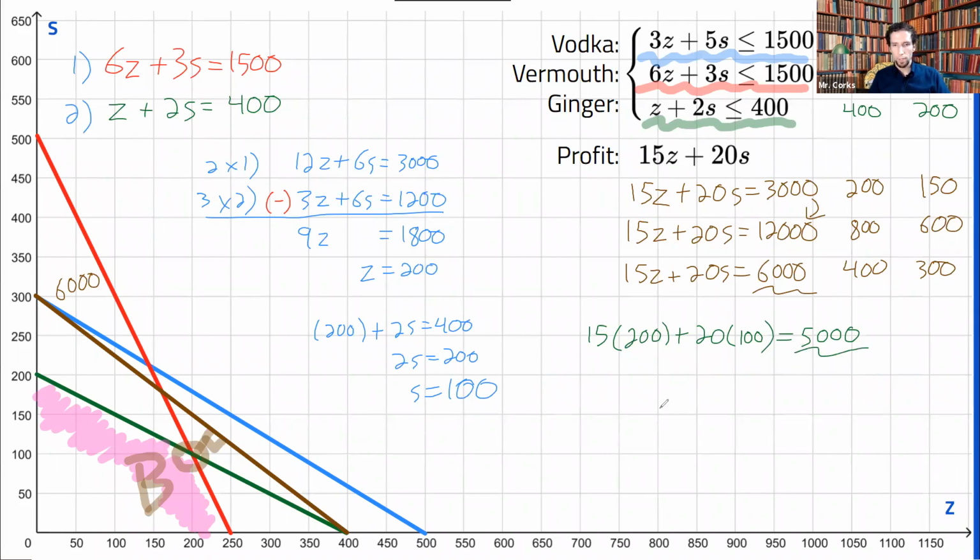Okay, so 5,000, this was pounds. So 5,000 pounds is our maximum profit. And that max profit occurs at exactly 200 units of Z. So let's write it this way, where Z is equal to 200 and S is equal to 100. So there's the max profit, and there's exactly how to get it.